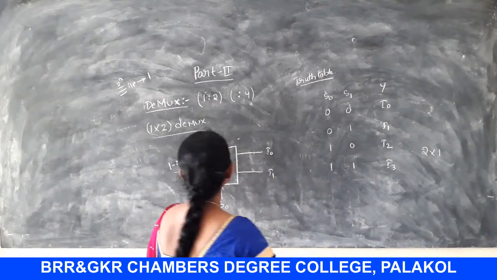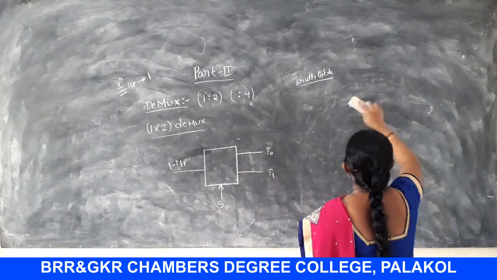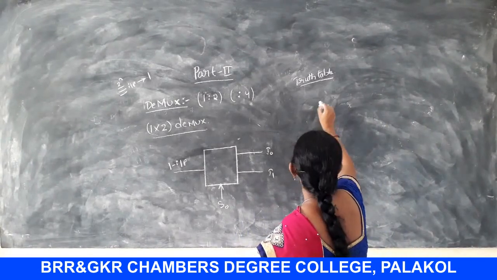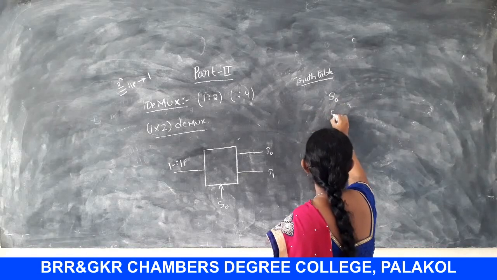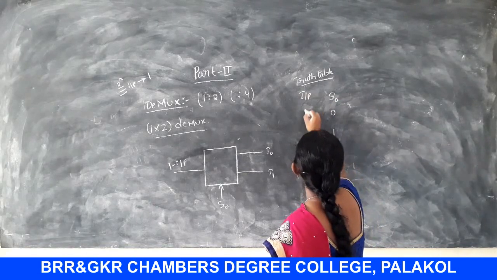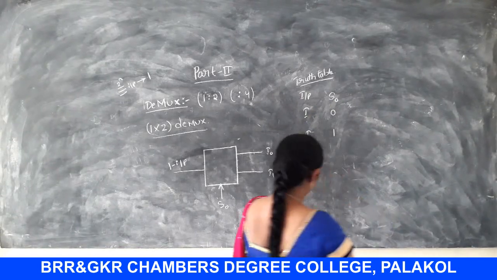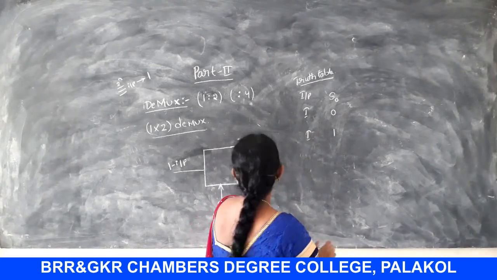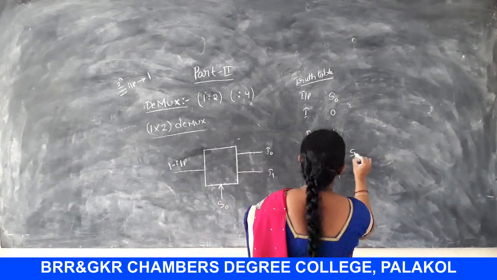Now, we will draw the truth table for this demultiplexer. Here it has only a single S0, therefore 0 and 1, and the input line is I. So, the truth table for this 1 cross 2 is this, and next we will draw the logic diagram.